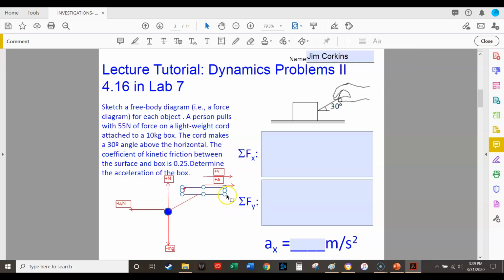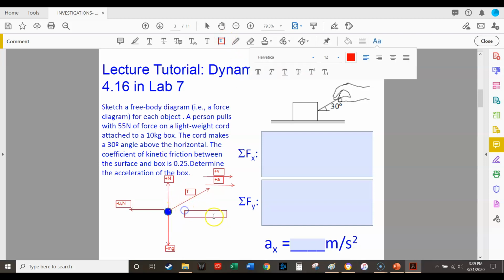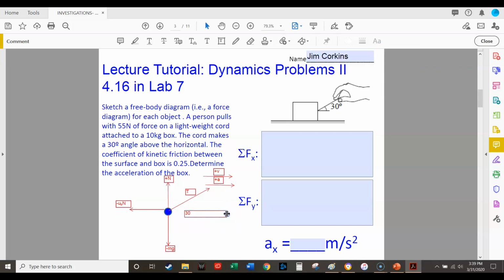I'll put that when I break it up, due to the angle of 30 degrees. So it's pointing up and to the right. And I'm going to indicate the angle here in the text box: 30 degrees.